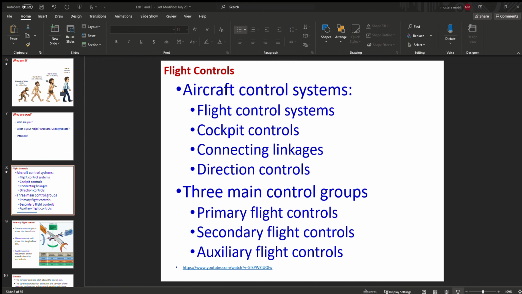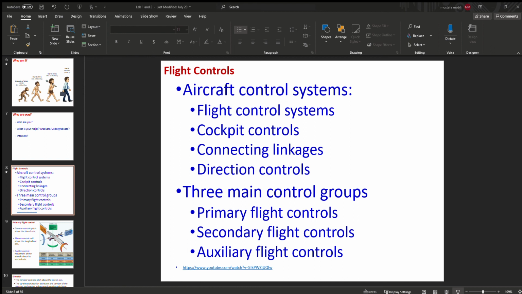So essentially what happens is that with the approach to landing, you want to increase the angle of descent without increasing the air speed. Okay, and you use the high lift devices or the flaps for this purpose. As mentioned earlier, we have different types of flaps. We have plain, split, slotted, and Fowler flaps.